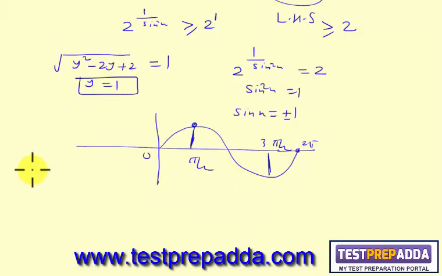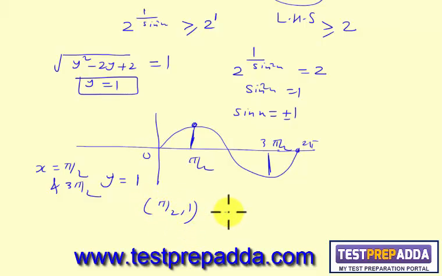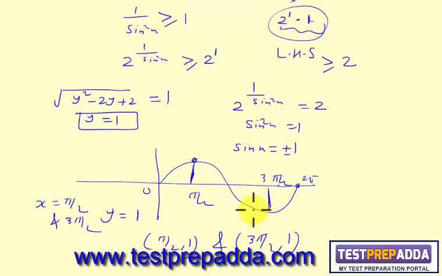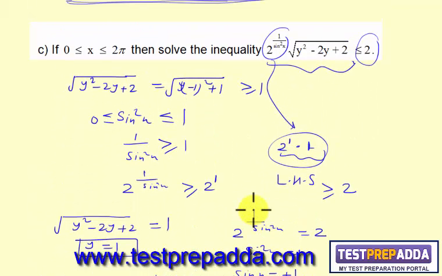So x will be π/2 and 3π/2, whereas y will be 1. So the solutions will be (π/2, 1) and (3π/2, 1). Got it? So it is a very important and very good question.